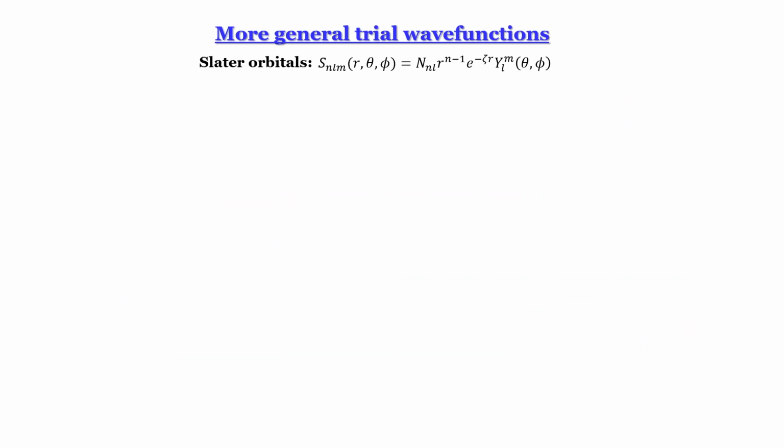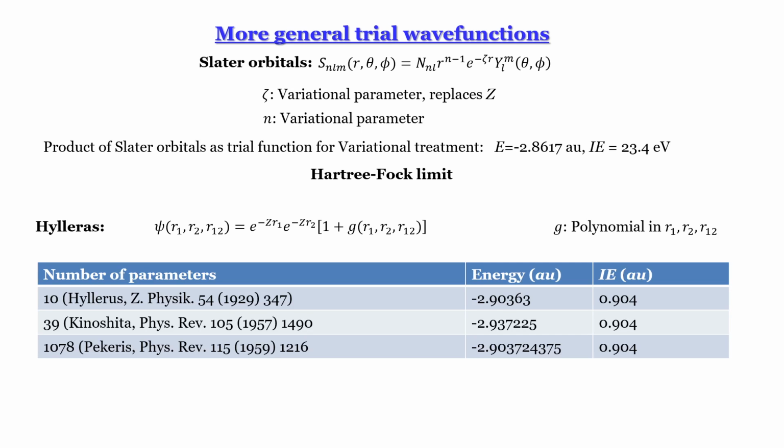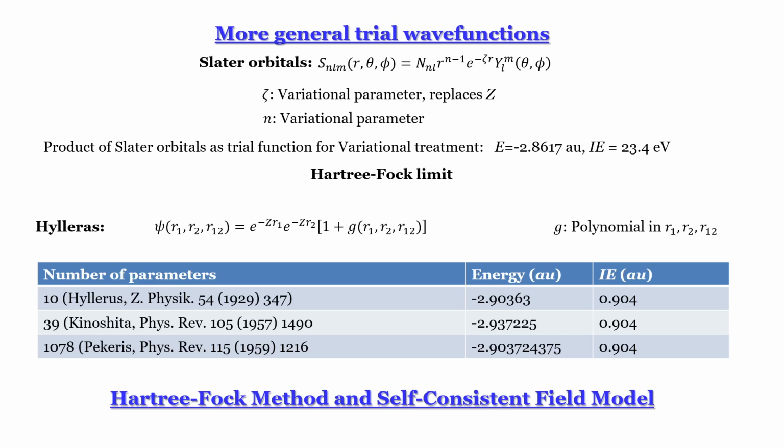So we have to think of something more general. We can go to Slater type orbitals, or he has discussed we can go to Gaussian, the Hartree-Fock limit.